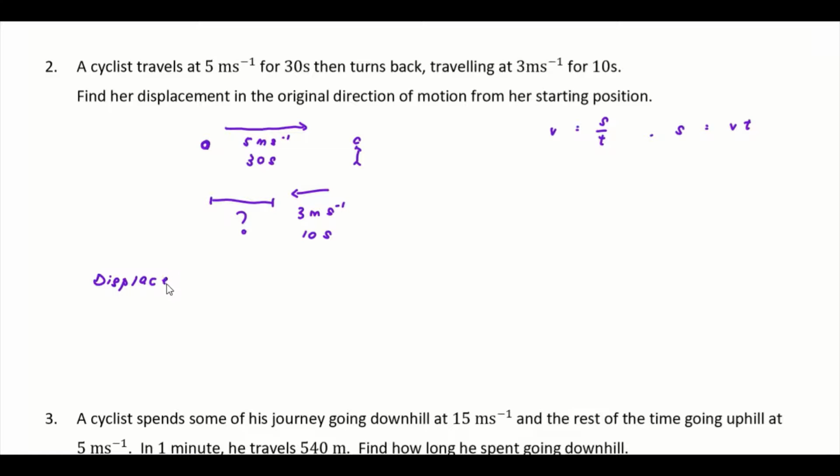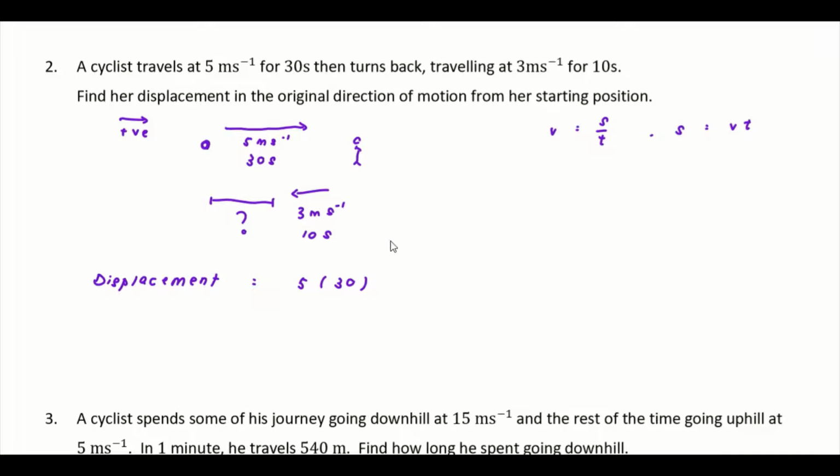Since we normally take the first direction as positive, the right-hand side is going to be positive. For the displacement of the first journey, it's going to be 5 multiplied by 30, velocity multiplied by the time.